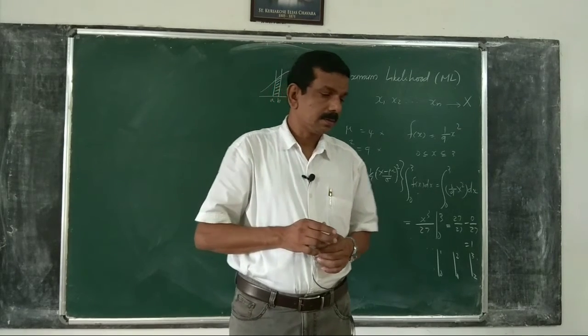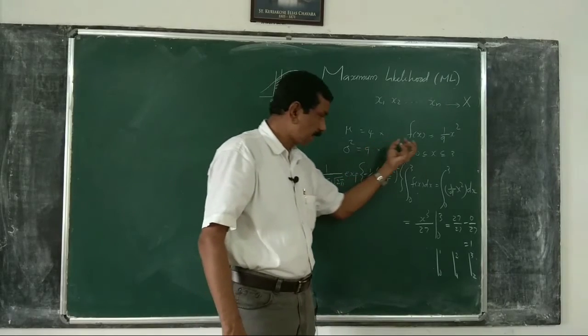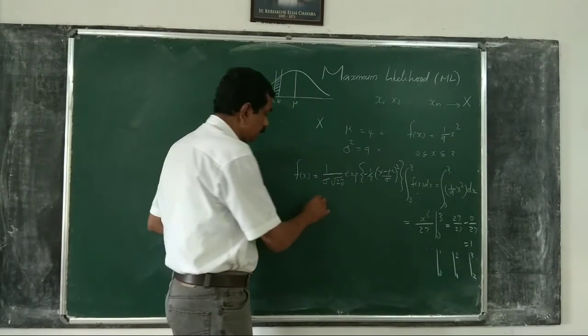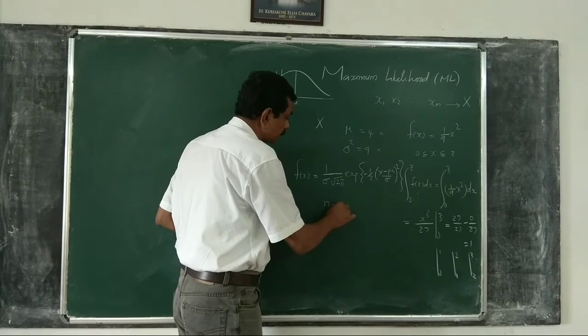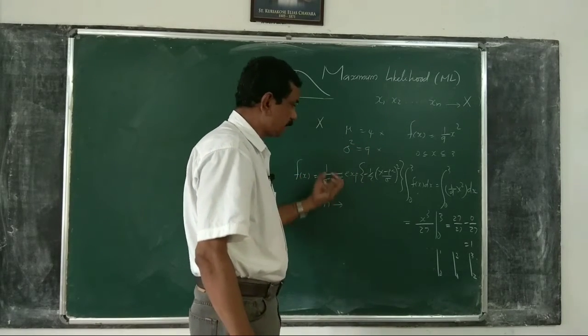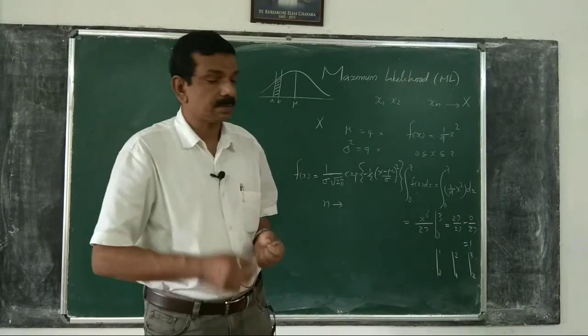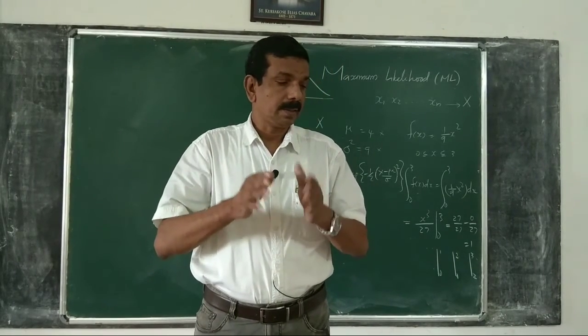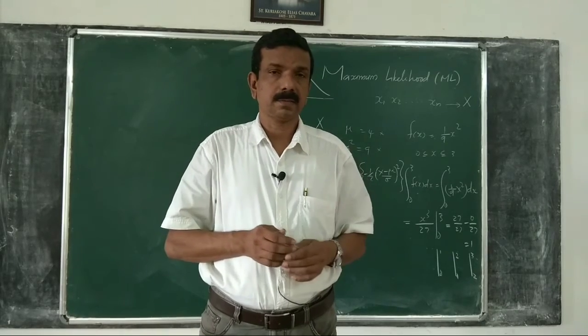One procedure is we take a random sample of n observations from this known distribution and calculate the parameters.